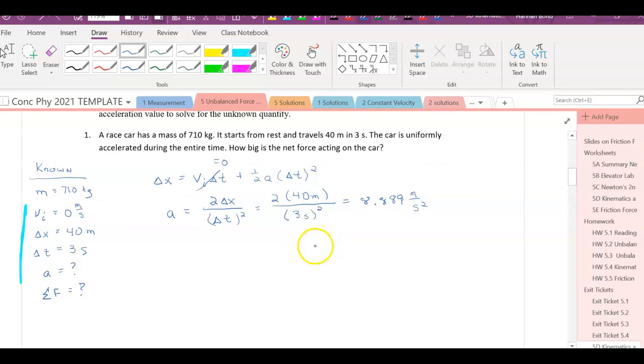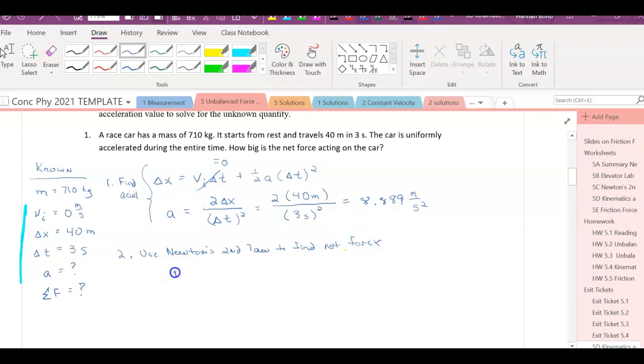Now that I've found acceleration, the first strategy of this problem, first I had to find the acceleration. Then I'm going to use Newton's second law to find the net force.